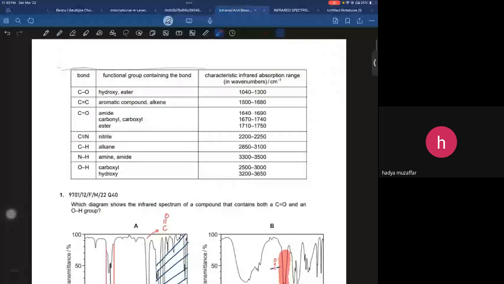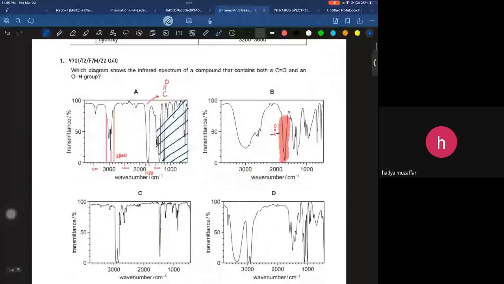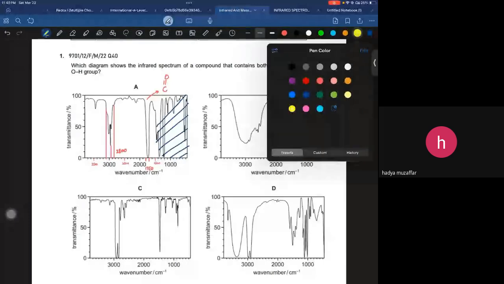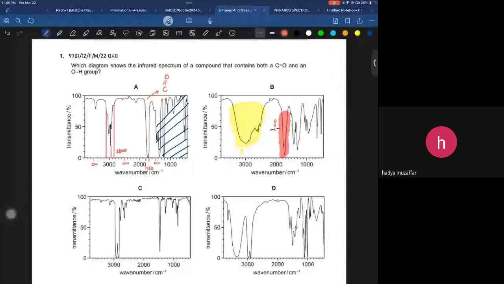So of course, there should be an OH group. This peak is due to OH. Seems that this is the best option.